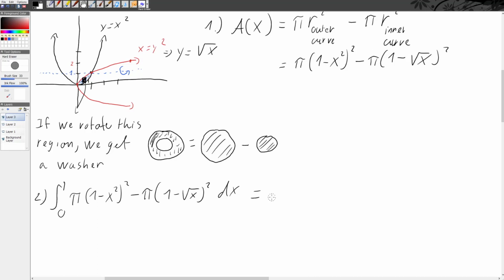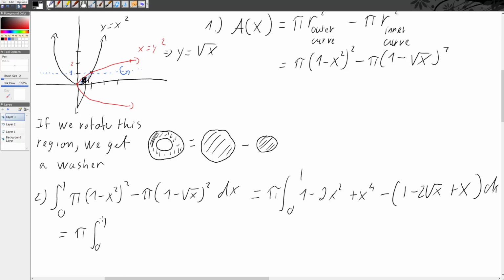Well, we can just pull the pi to the outside. Multiply that out: 1 minus 2x squared plus x to the 4th. That's a minus, so on the inside it's going to be 1 minus 2 square root of x plus x, dx.